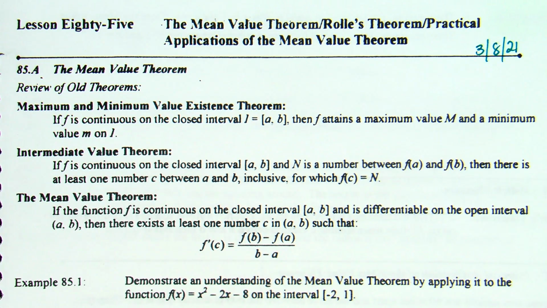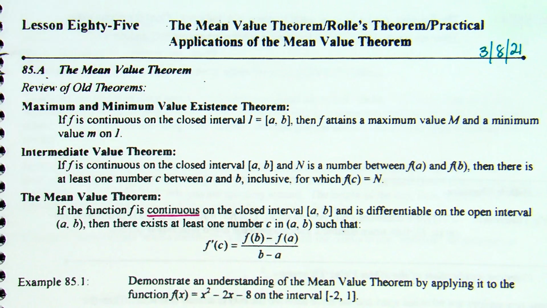Okay, so notice again, it's if f is continuous on the closed interval, differentiable, and they say on the open interval because we don't know what those endpoints are doing. Okay, but differentiable, continuous, no hard points. Okay, then notice what it says. Exist. So this is another existence theorem.